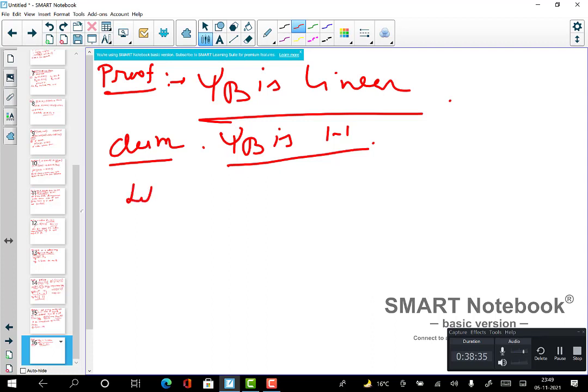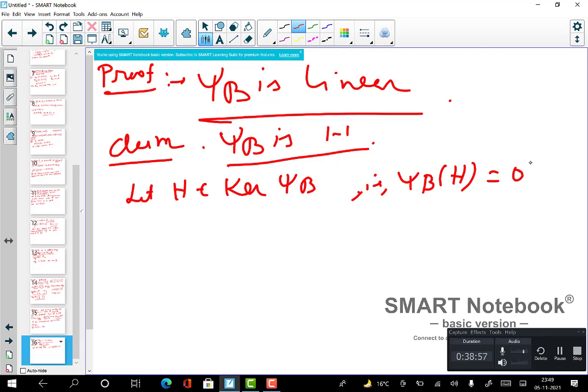So let H belong to the kernel of psi B, right? That is, psi B of H is the zero matrix inside Mn. So all the entries are 0, right?